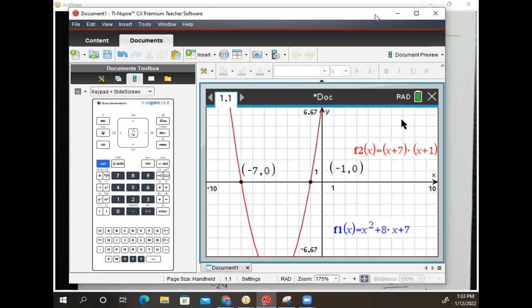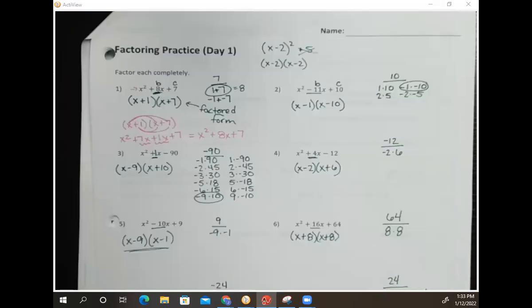I would like you now to try problems 11 through 15 on the next page. So turn to page 16, try problems 11 through 15.